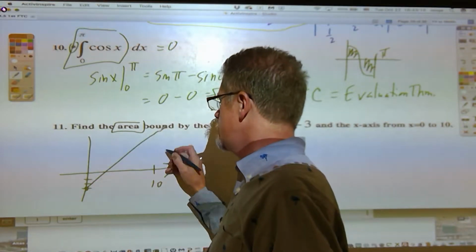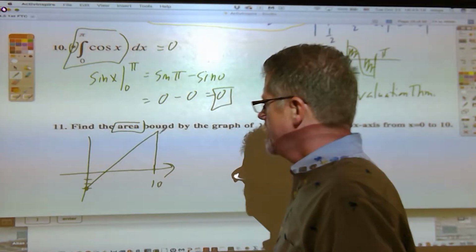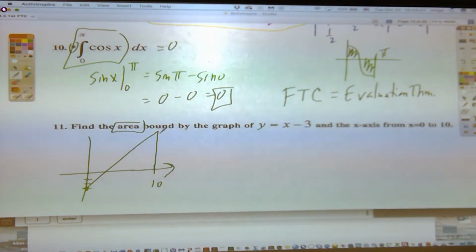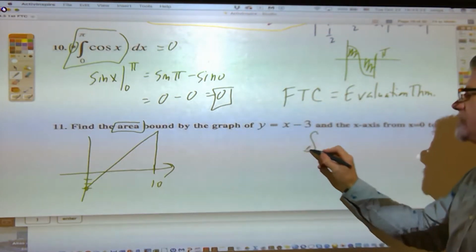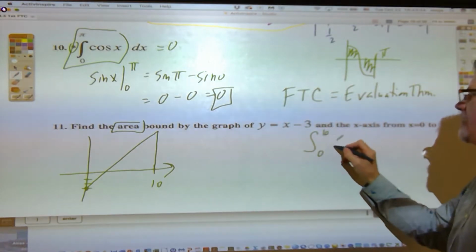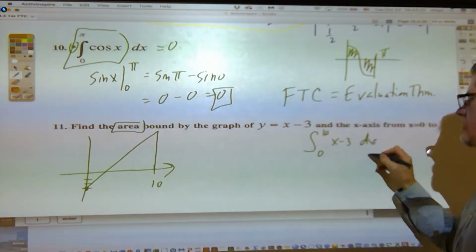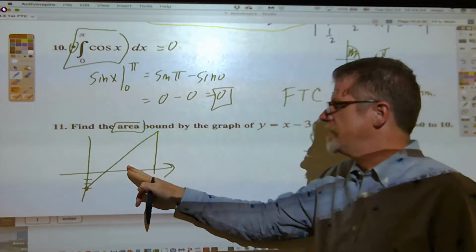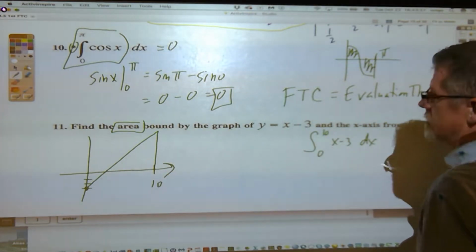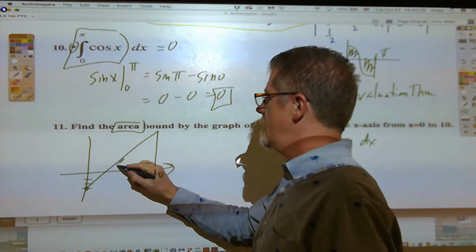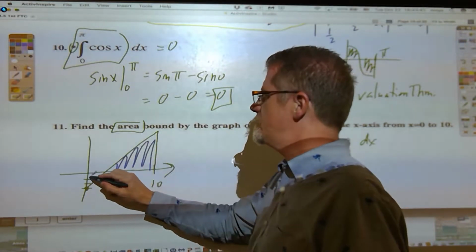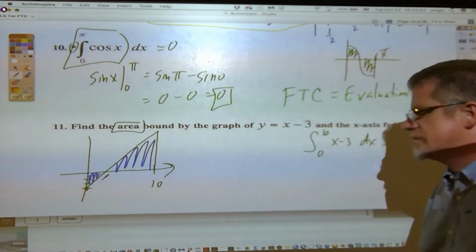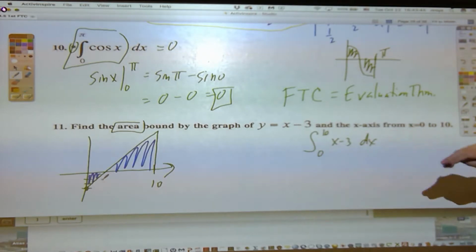And it would be a mistake to think that the answer is the integral from 0 to 10 of x minus 3 dx. That's a mistake, because we have to treat this as positive area. The area bounded by the graph and the x-axis requires this be treated as positive and that be treated as positive. So this is not the right way to go.